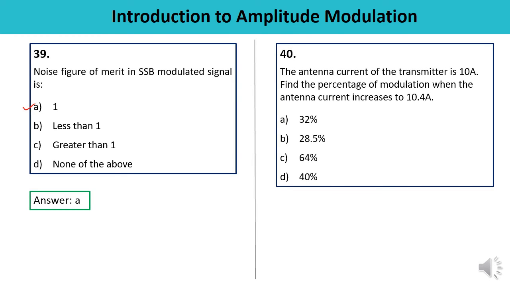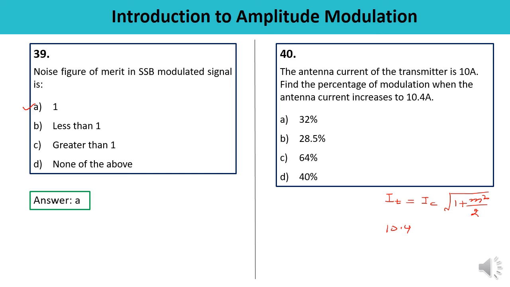Next question. The antenna current of the transmitter is 10 ampere. Find the percentage of modulation when the antenna current increases to 10.4 ampere. So here the relationship for the current we have studied: IT equals Ic under root 1 plus m square upon 2, and here IT is the antenna current which is increased.